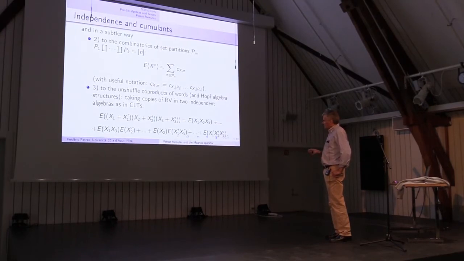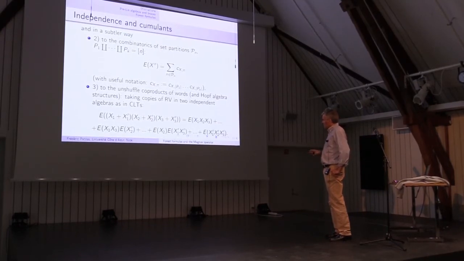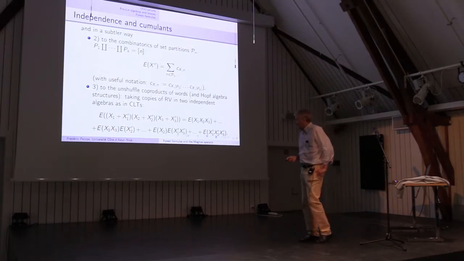And the pattern of the formula is related to the unshuffling of words. So if you think of what happens in terms of words, you're starting from x1 to x3, you get one copy of this term, another copy of this term with dots, and then the other terms are obtained by selecting in the word x1, x2, x3 a subword, and then taking the complementary word that you put on the other side.